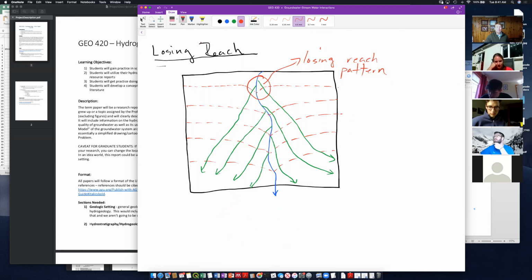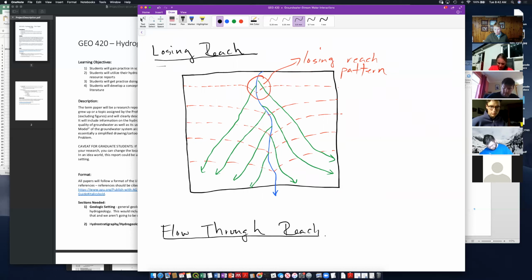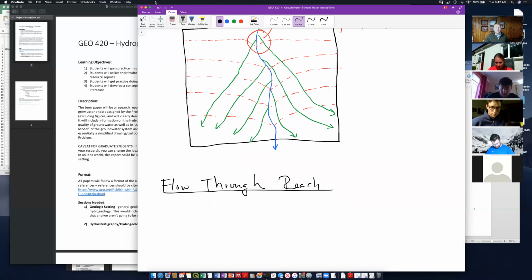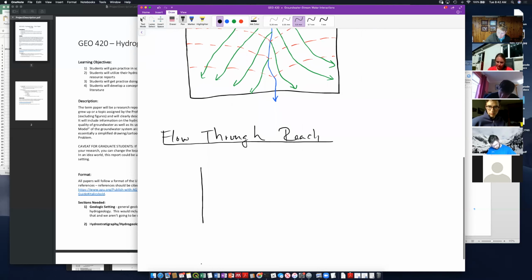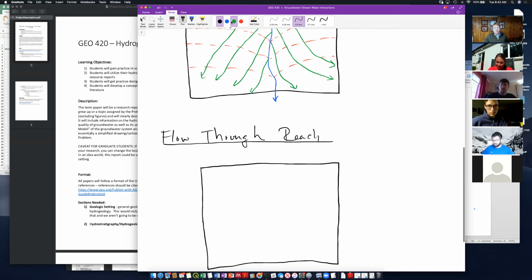All right, and then finally, let's do a flow through reach. So I'll draw again a map view plane. Stream moving through it.